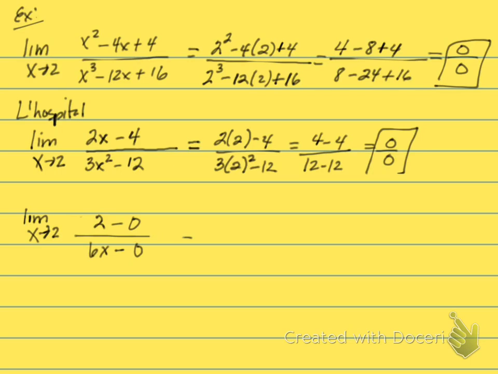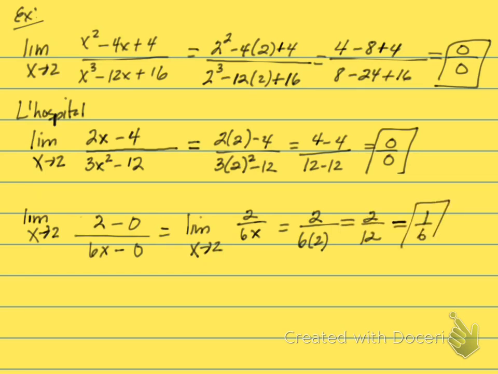All right, so I have the limit as x approaches 2 of 2 over 6x. Now I use direct substitution. So it'll be 2 over 6 times 2, which is 2 over 12, which is 1 over 6. All right, so that's my answer, 1/6.